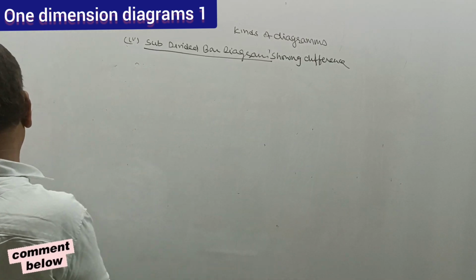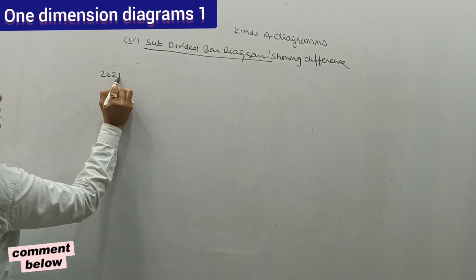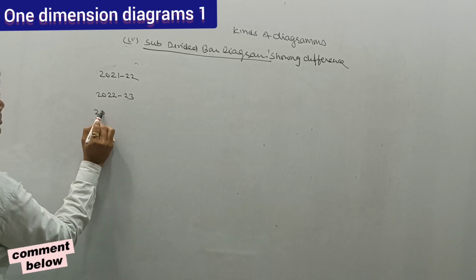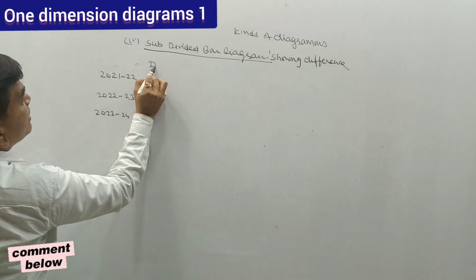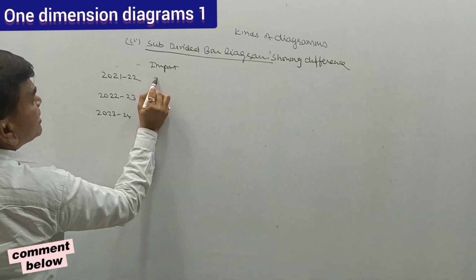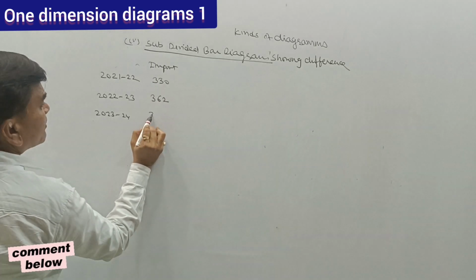Suppose data is given for 2021-22, 2022-23 and 2023-24. Import data with a country is 330, 362 and 350.